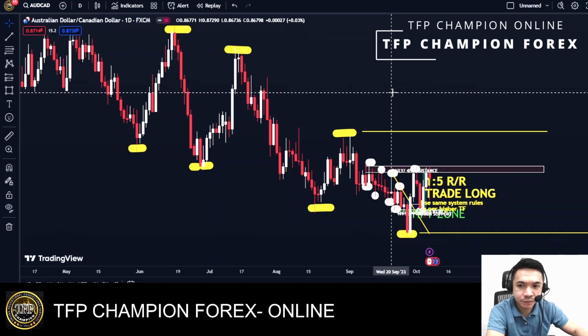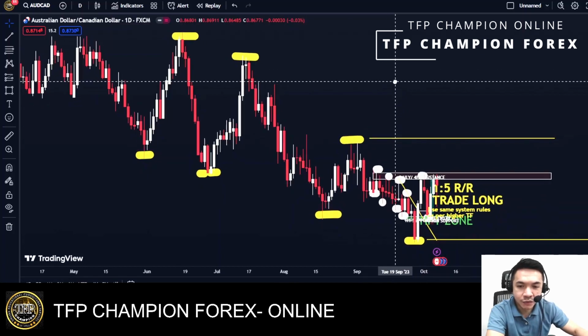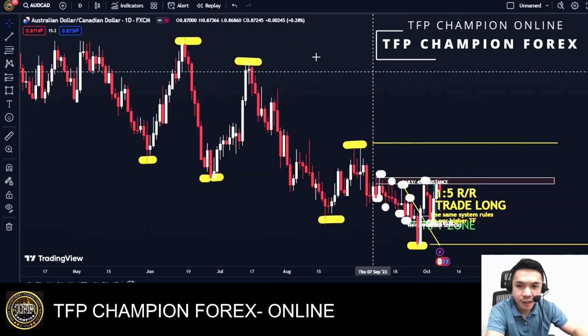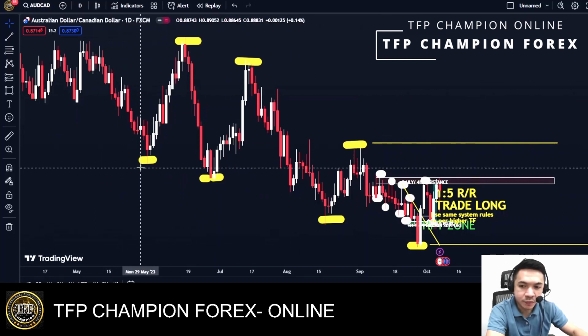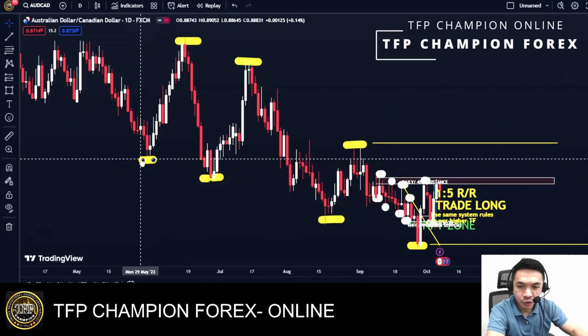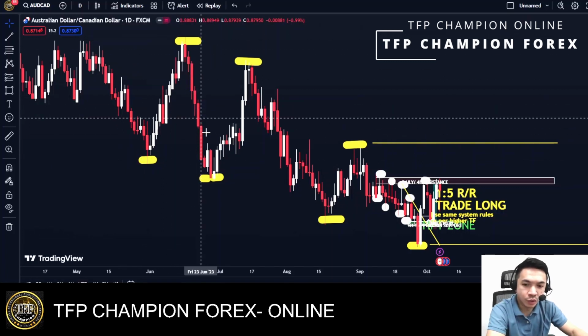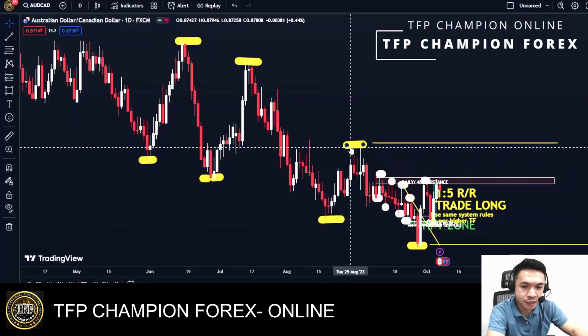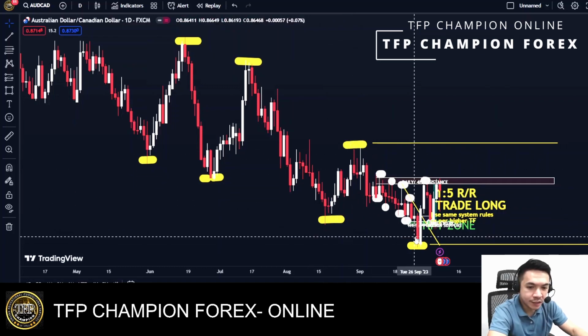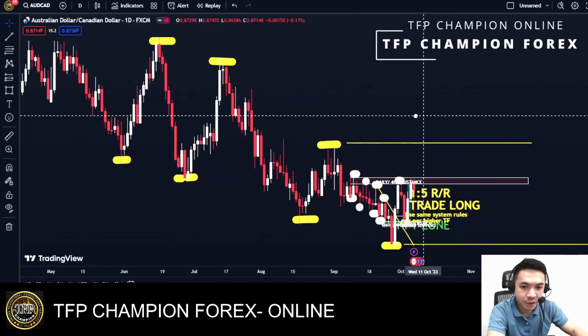So alam natin that from this perspective, kita natin that the market went through a series of what? Lower lows, lower highs, lower lows, lower highs, lower lows, lower highs, lower lows, and then suddenly, okay, market, what?